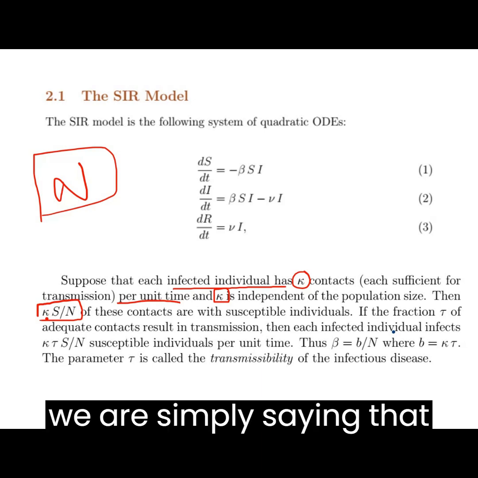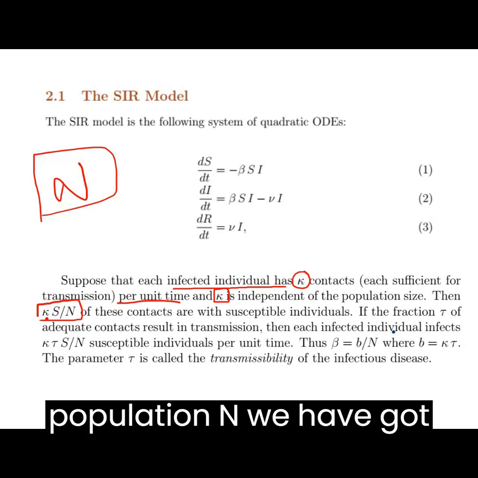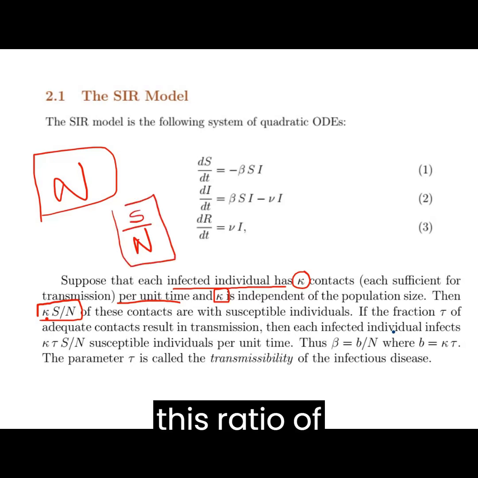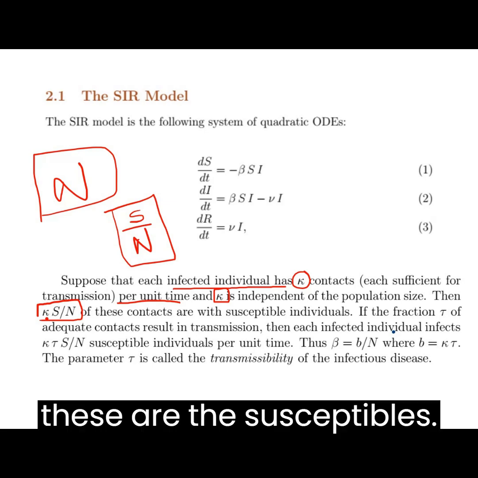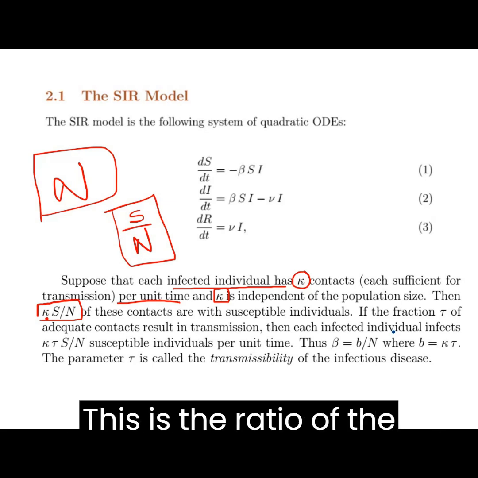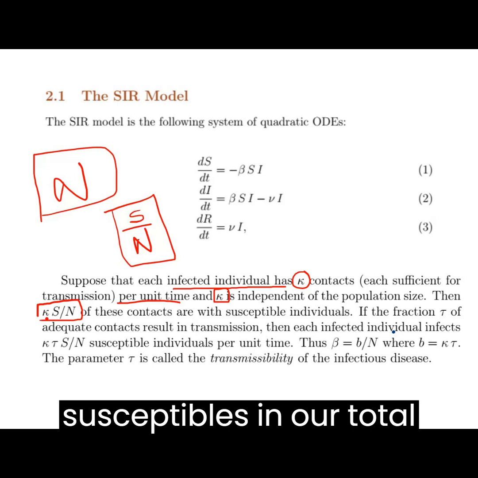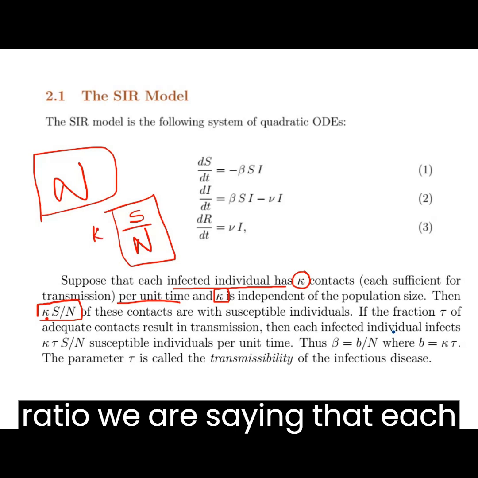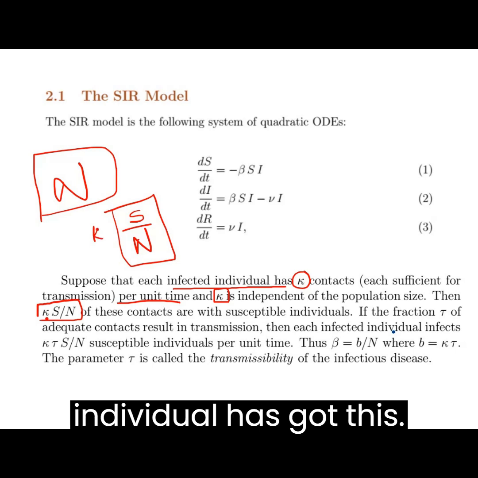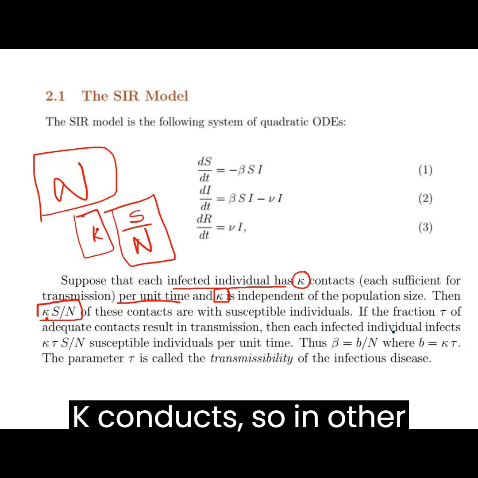So we are simply saying that, look, of our population N, we have got this ratio of susceptibles, S over N. These are the susceptibles. This is the ratio of the susceptibles in our total population. And then for that ratio, we are saying that each individual has got these K contacts.